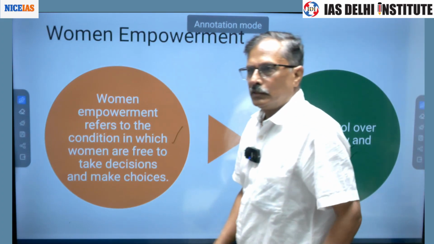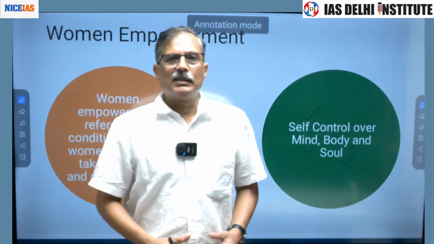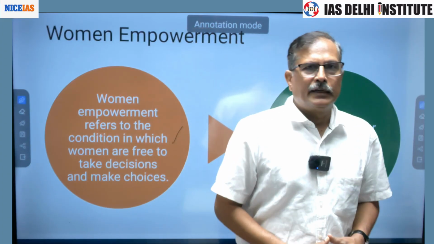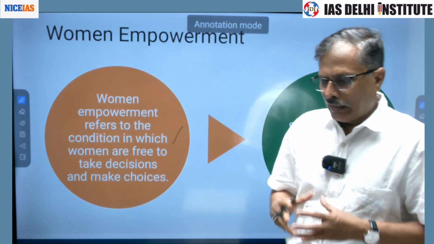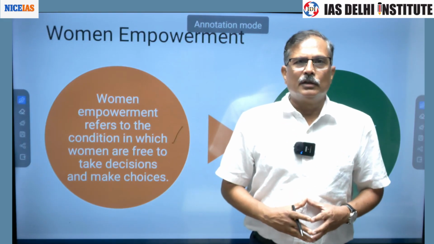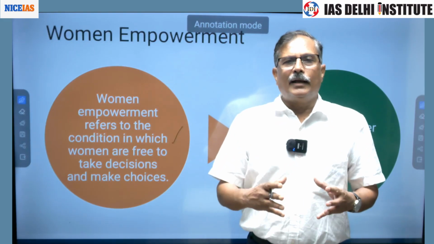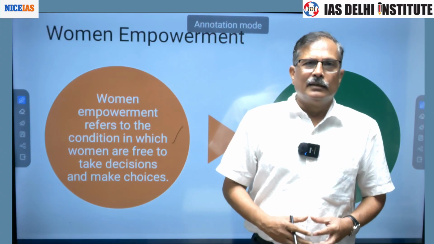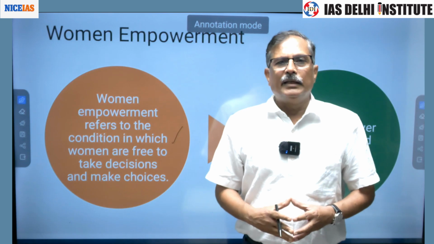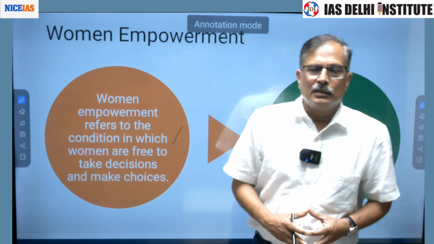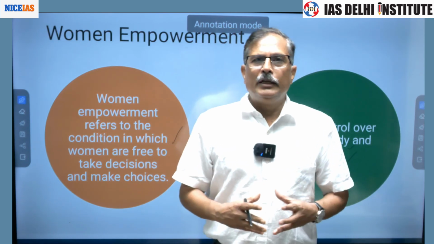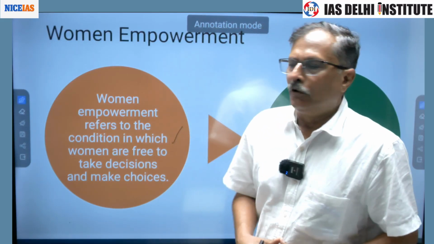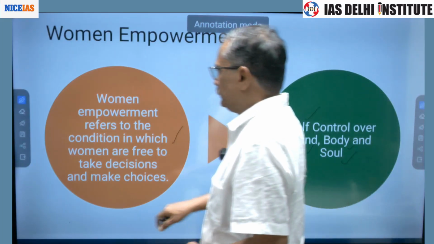This is the best way to explain the concept of empowerment, even in the context of women. If women have control over their body, mind and soul, they are free to take decisions, they are not constrained by any irrational restrictions, and they are able to enjoy their full potential of individual advancement, then it is called women's empowerment.